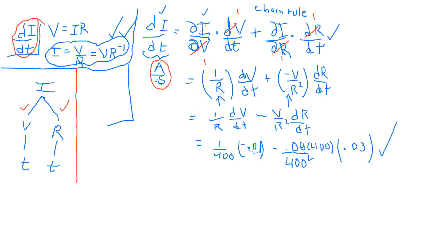Are there any questions up to that step? All right. Well, if you work it out, then you're going to get negative 0.000031, and the units are going to be amperes per second.